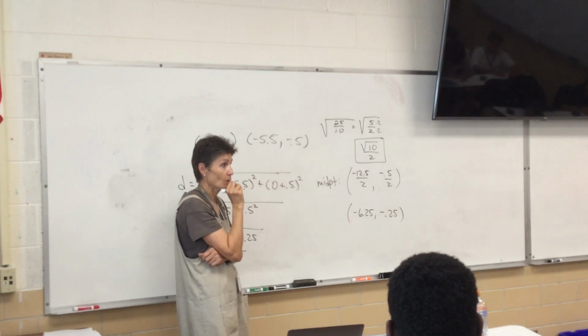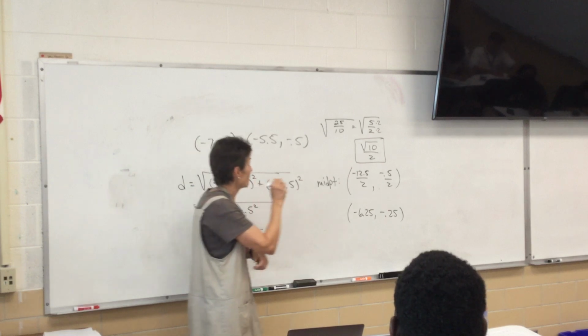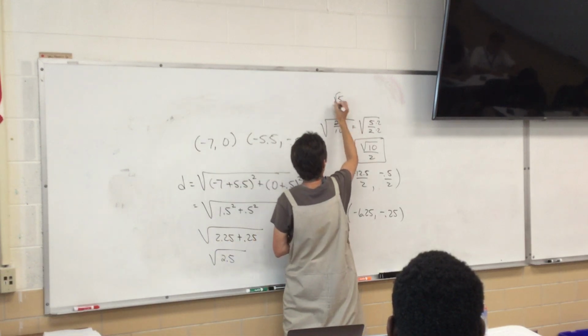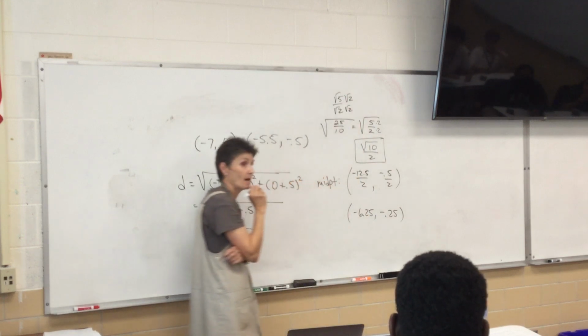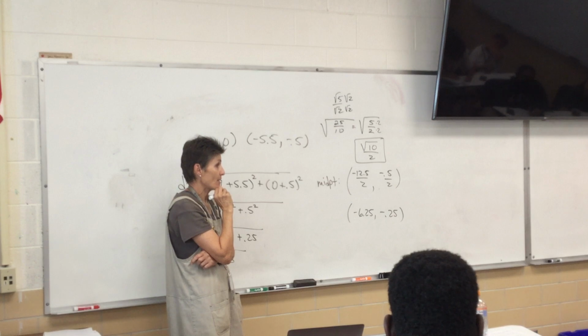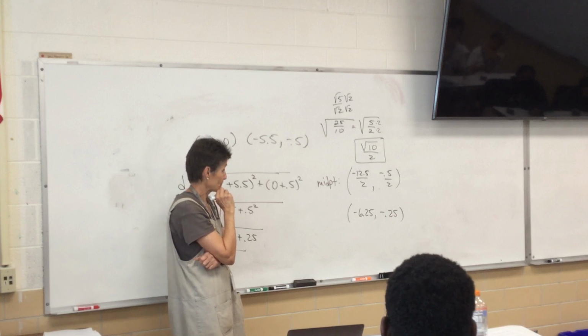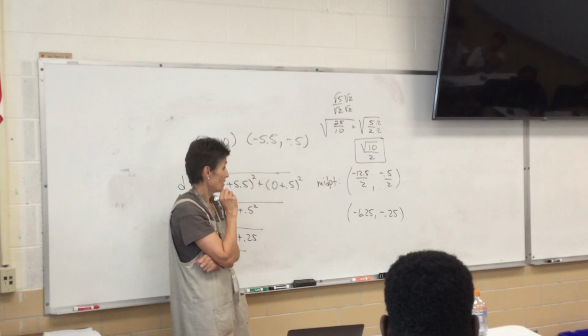Did I pull a fast one on you, or does that make sense to you? Remember, this is the square root of 5 over the square root of 2, so we call it rationalizing the denominator. So now the denominator is not a radical anymore. Okay?